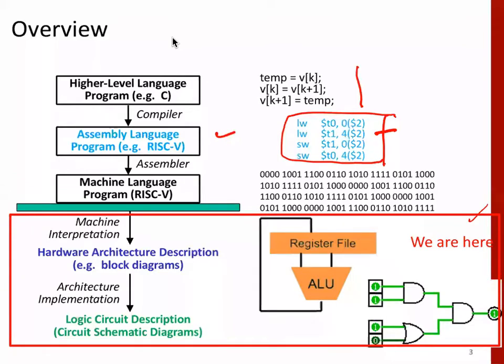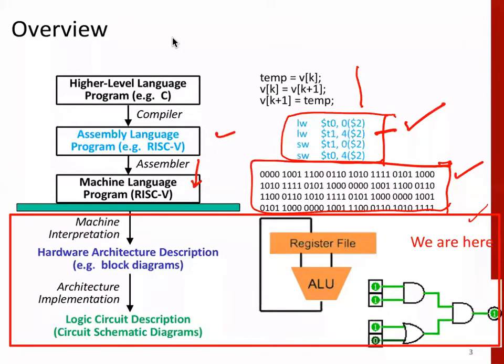assembly language instructions, and then through an assembler you convert this into machine level instructions. We have studied what assembly language instructions are for RISC-V, and also what machine level instructions are, the various formats. Now this program is available in this form, and data is also available in this form.